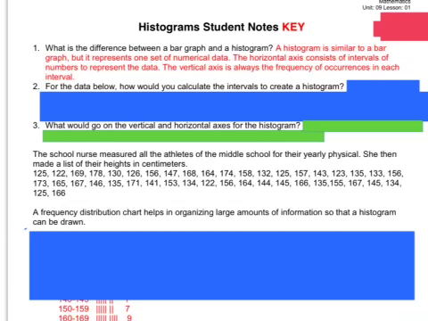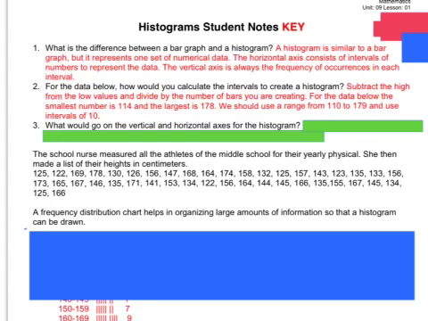To calculate intervals, you'll need to subtract the lowest number from the highest number in your values, and divide that number by the number of bars that you wish to create. For the data below, we see that the smallest number is 114 and the largest number is 178.